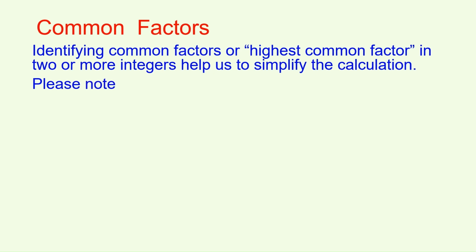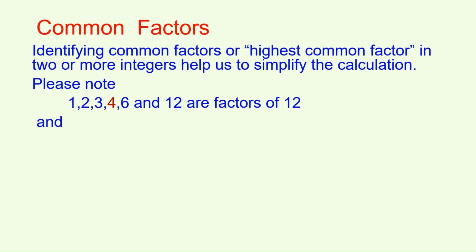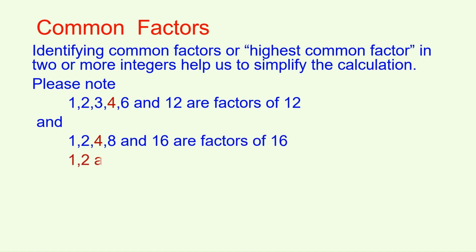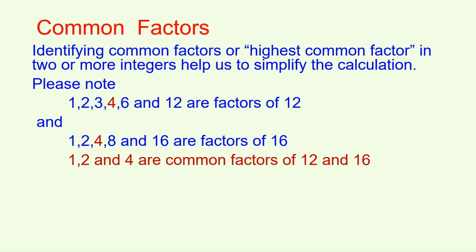Common factors. Identifying common factors, or highest common factors, in two or more integers helps us to simplify the calculation. Please note, 1, 2, 3, 4, 6 and 12 are factors of 12, and 1, 2, 4, 8 and 16 are factors of 16. 1, 2 and 4 are common factors of 12 and 16.